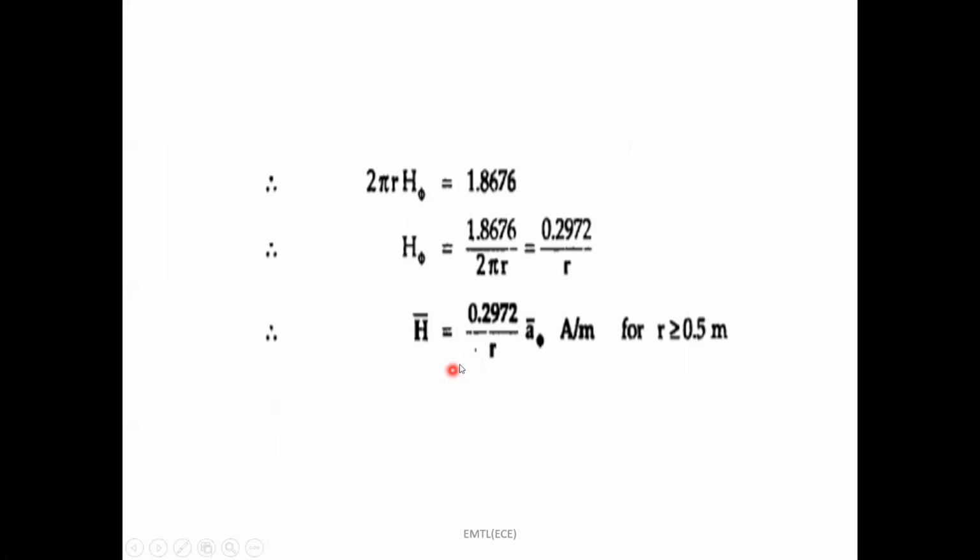That is equivalent to, from Ampere's circuital law, the integral of H bar dot dl bar equal to I. So here the H bar value we have to write as H phi, because the values along r and z are 0.